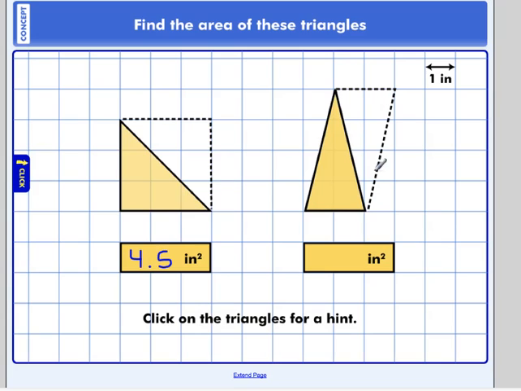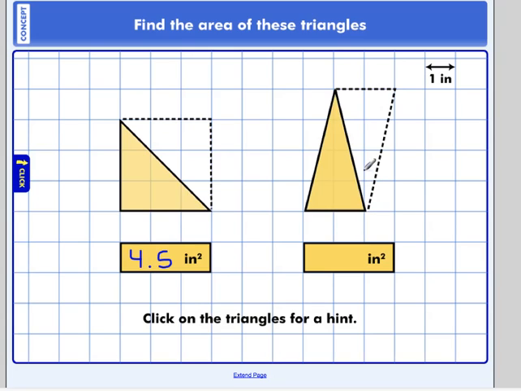Now how about this one over here? It is half of the whole parallelogram. Well, we learned that the area of parallelograms is the same as the area of rectangles, base times height. So we could find the area of the whole parallelogram. Our base is 2. Our height, now we have to be careful when we measure that height. It's got to go from the base straight to the highest point here, or what would be the opposite side, right?